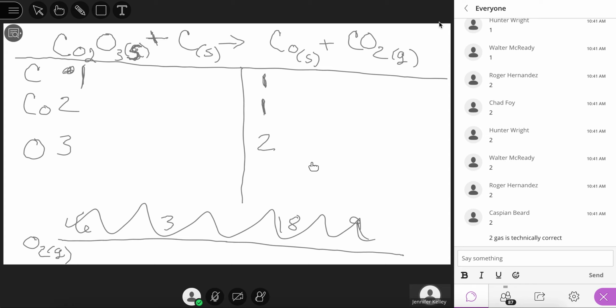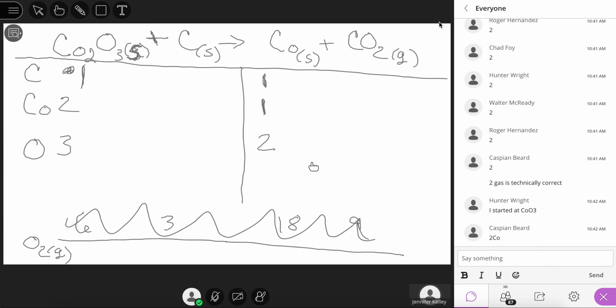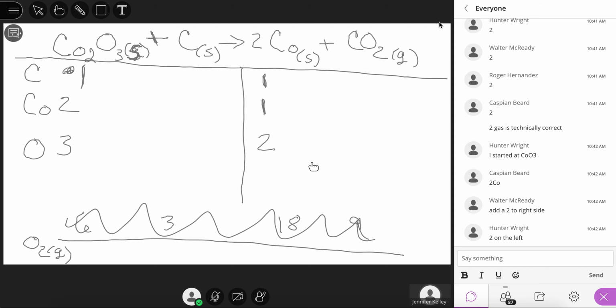So where do you want to start? Okay, carbon's already balanced, so cobalt would be pretty easy to balance. How would we balance the cobalt? So far we would think that we'll start at 2 cobalt, and then that would cause there to be 2 of these, and everything else would be the same.